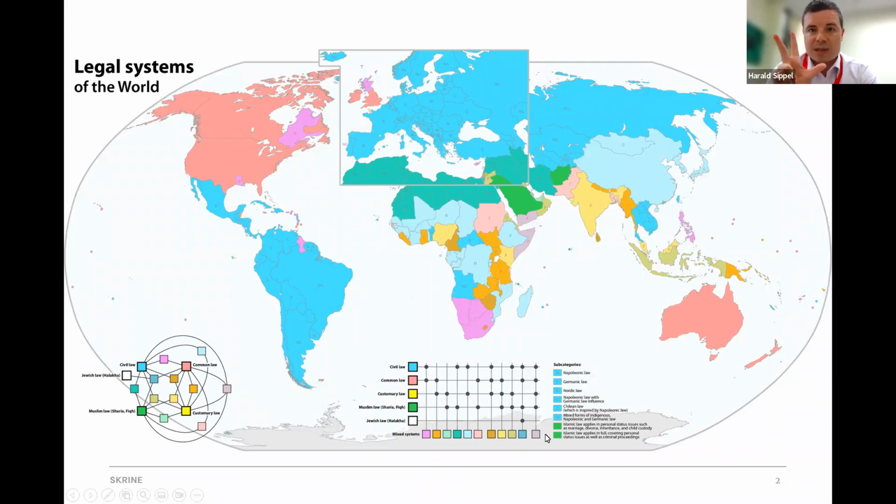So a mixture of those 3 different systems. Now, what this model does not tell you is how much of it is civil law, how much of it is Muslim law, and how much of it is customary law. But what's important is for you to keep in mind that there is so much of each element that it deserves a color of its own.